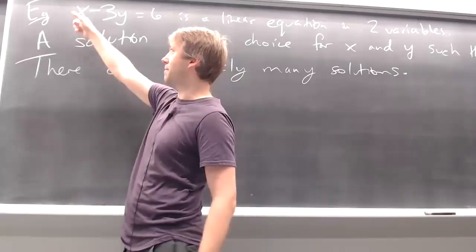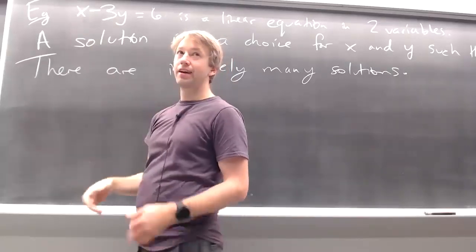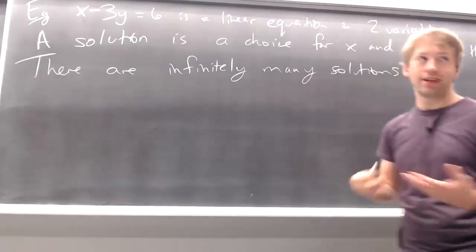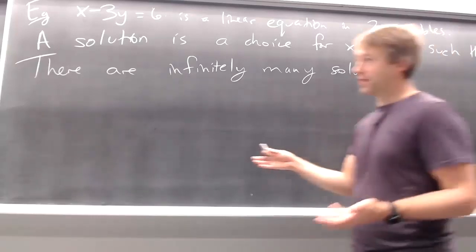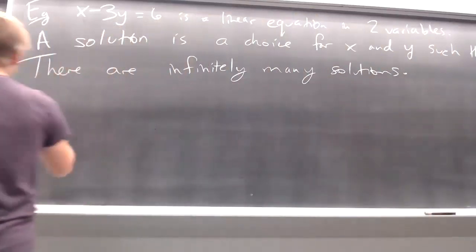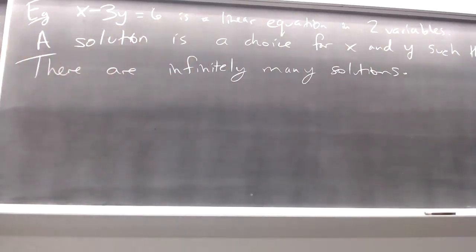And there's infinitely many ways to put in a value for x, and so there's infinitely many solutions. Okay, and you can graph the solutions if you wanted to, right? And when you graph them, then you'll see why these are called linear equations, because if you graph the solutions, they form a line, right?